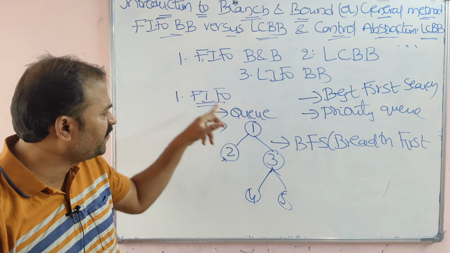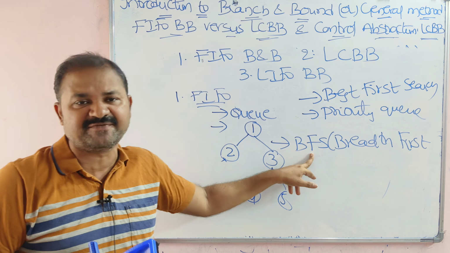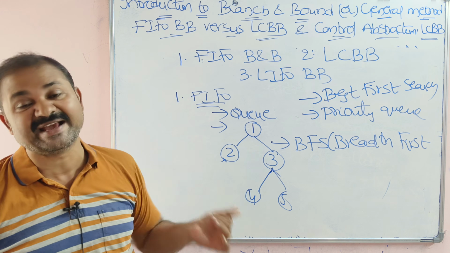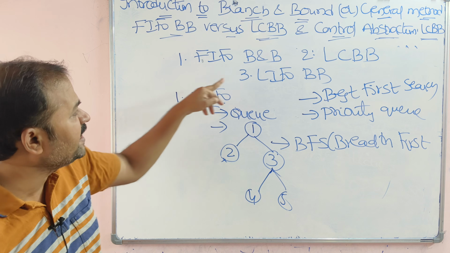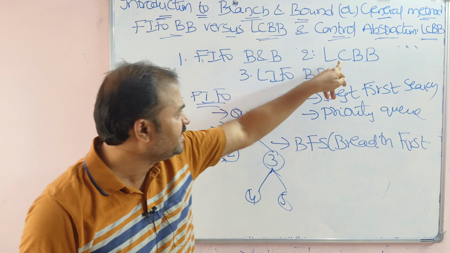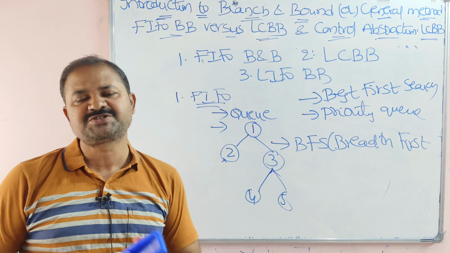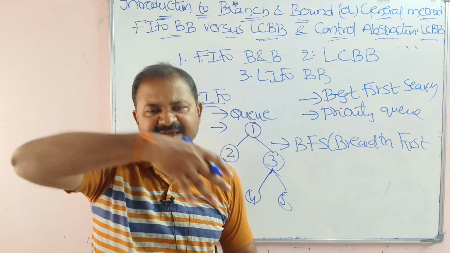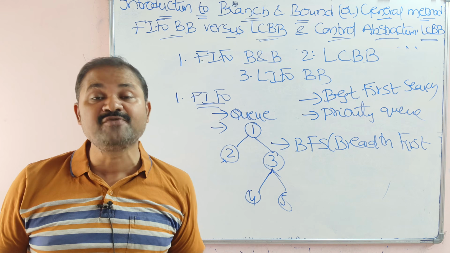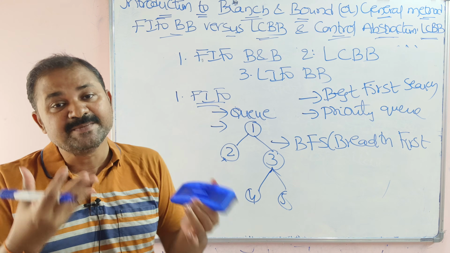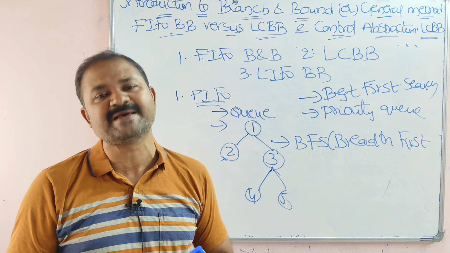Whereas FIFO also uses BFS, but here BFS means breadth first search, level by level exploration. Whereas least cost branch and bound uses best first search. Best first search means out of the available nodes, the best node will be selected and explored. So which is the best node? The minimum value is nothing but the best node.